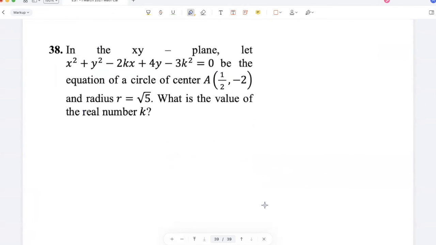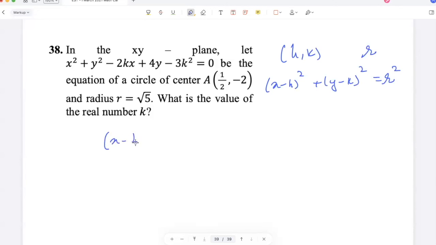In the xy plane, let this be the equation of a circle with this center and this radius. What is the value of the number k? Okay, so an equation of the circle with center h comma k and radius r is x minus h whole squared plus y minus k whole squared is r squared. So we get x minus half whole squared plus y plus 2 whole squared is 5.